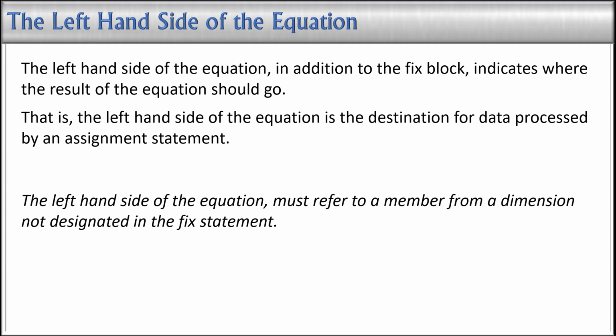Another very important point is that the left-hand side of the equation must refer to a member from a dimension that was not designated within the fixed statement. That is, if you made a selection on the account dimension within the fixed statement, you could not put a member from the account dimension on the left-hand side of an assignment statement.